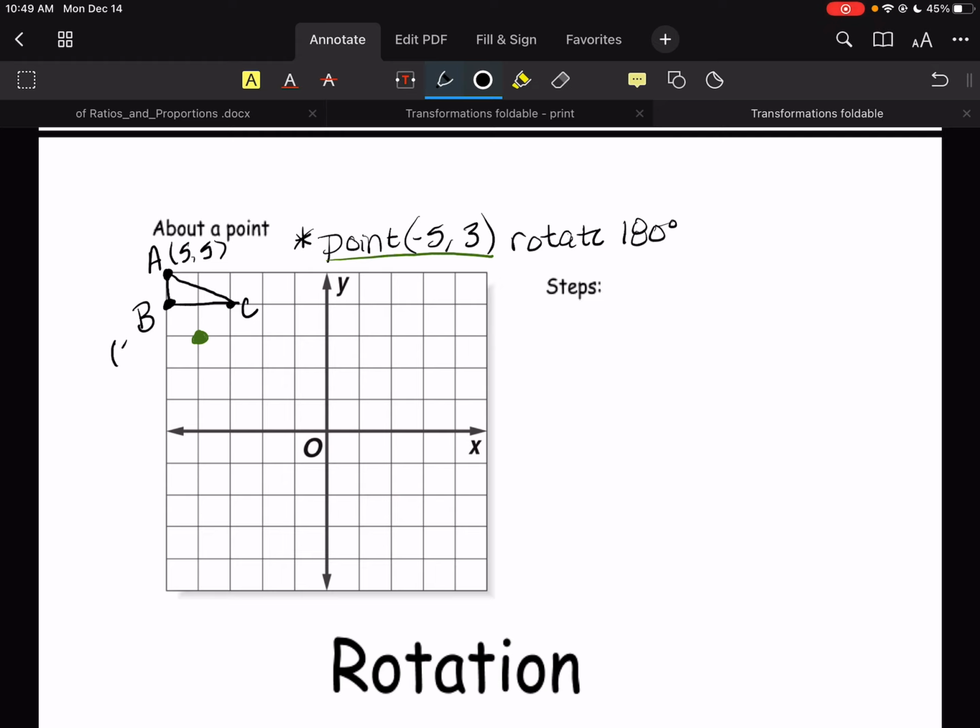B is at 5, 4. And C is at 3, 4. So the very first thing that we are going to want to do is rotation to the origin.